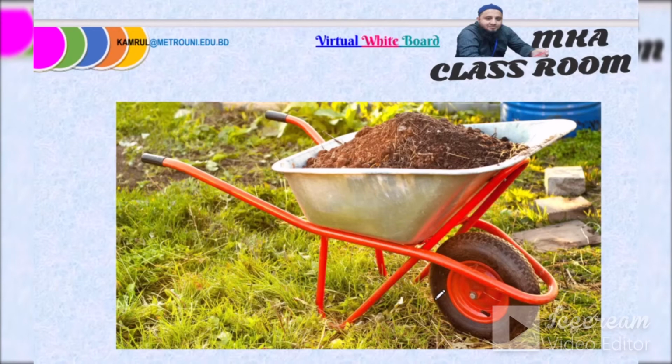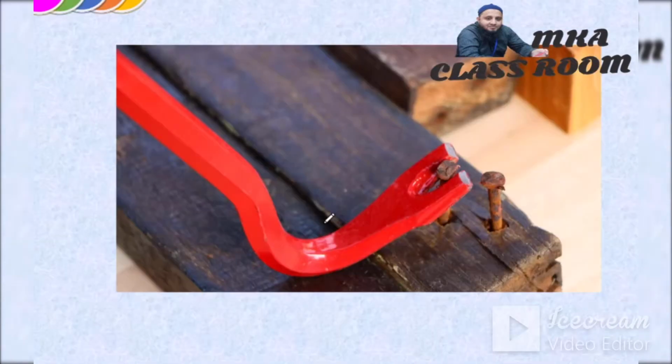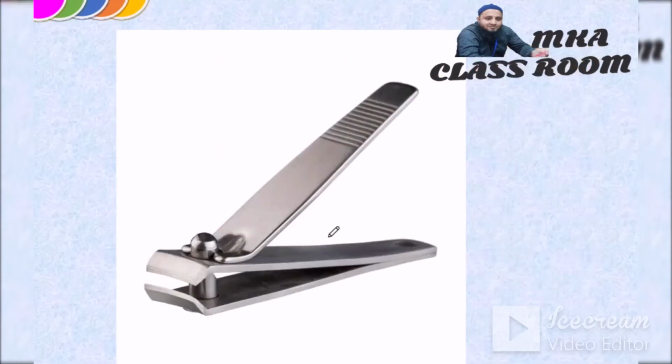Here also you see this is a stick where you provide a small strength, and you lift this pin. And here also you see the nail cutter.